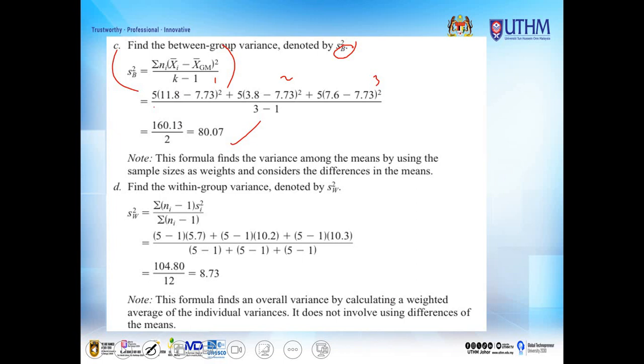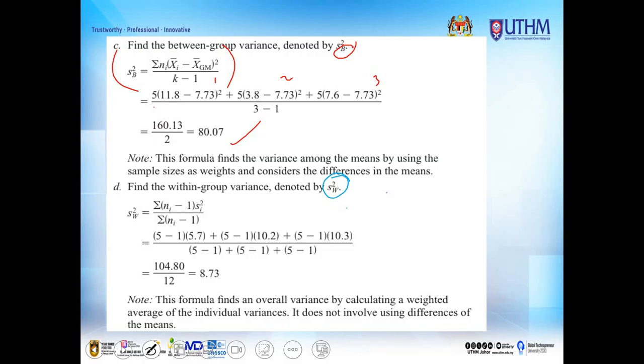Next, D, find the within group variance denoted by S squared W. Okay, S squared W, you can see here. Let me change the color.